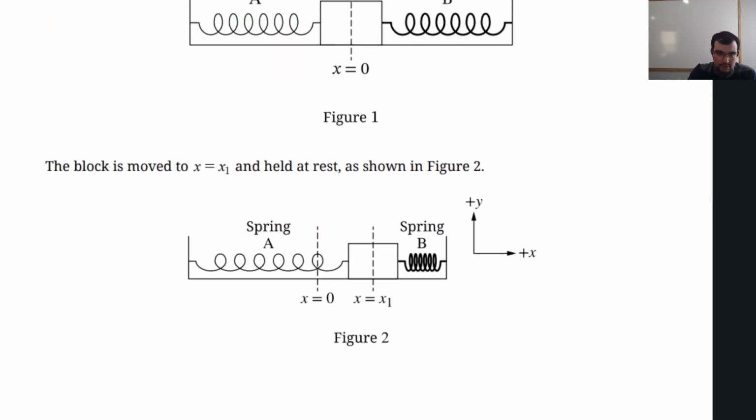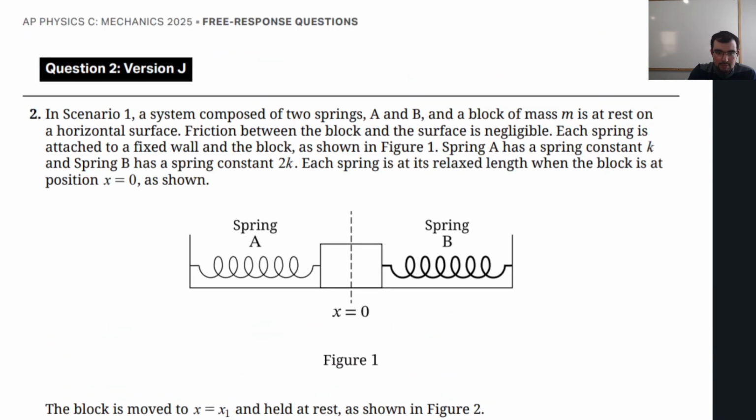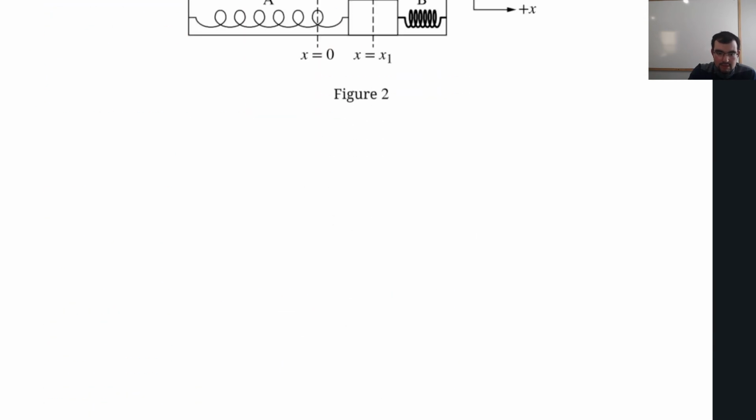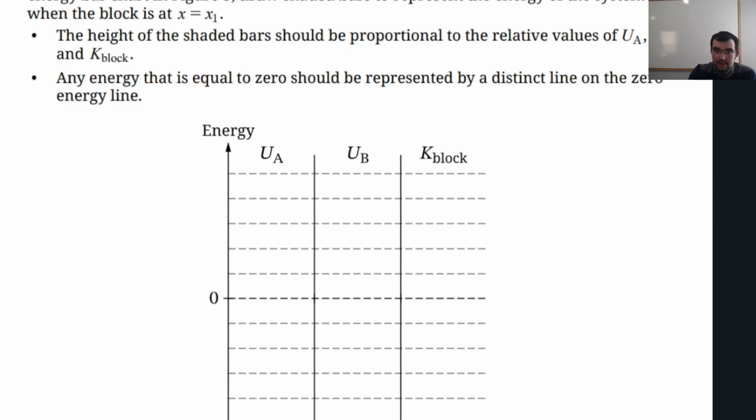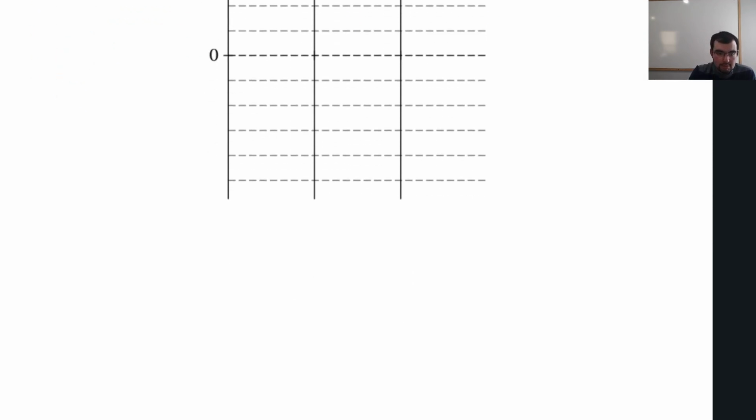So the first question says, if we take this combined spring system, what does the energy profile look like at this time? We have to use the fact that the potential energy stored in a spring is given by 1/2 kx squared.